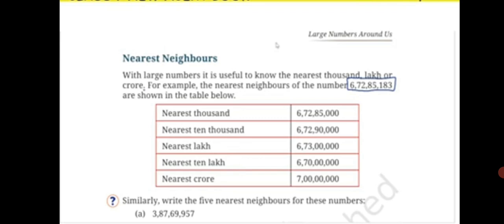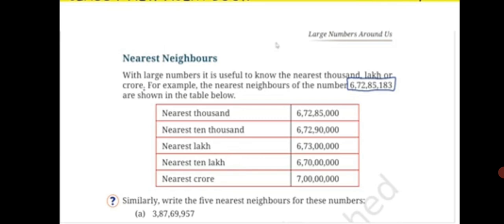Whatever number we circle, if the number after the circled number is 5 or more than 5, then we add 1 to the circled number, and the rest of the digits will be 0. Similarly, if the number after the circled number is less than 5, then there will be no change in the circled number, and the rest of the digits will be 0.